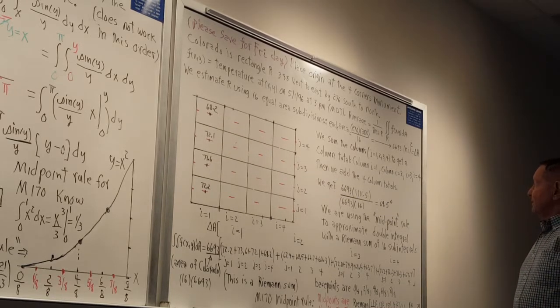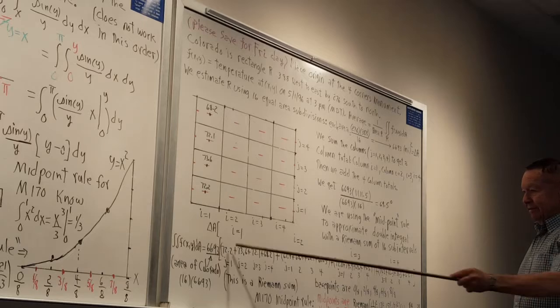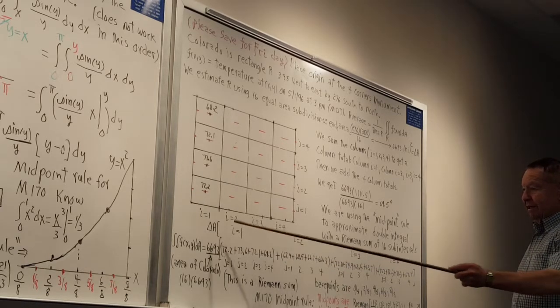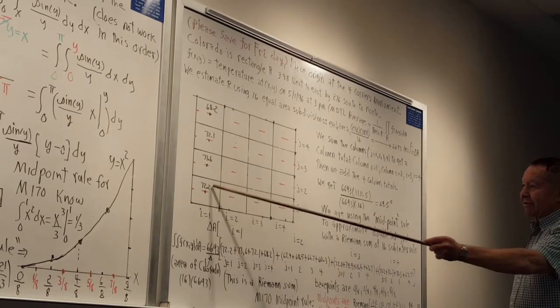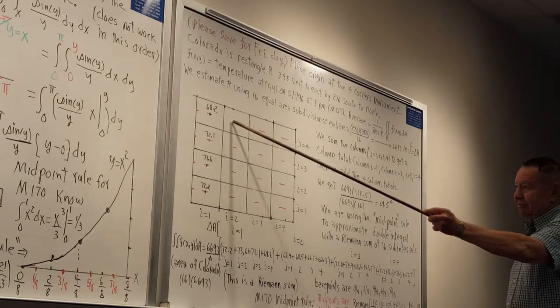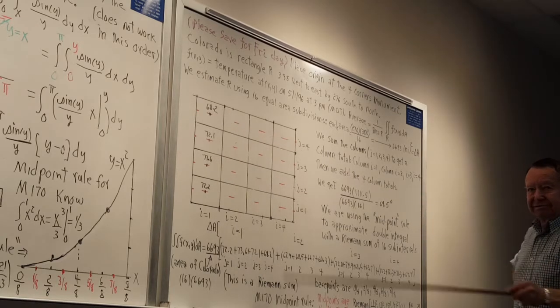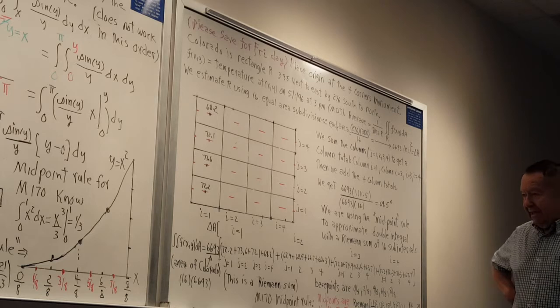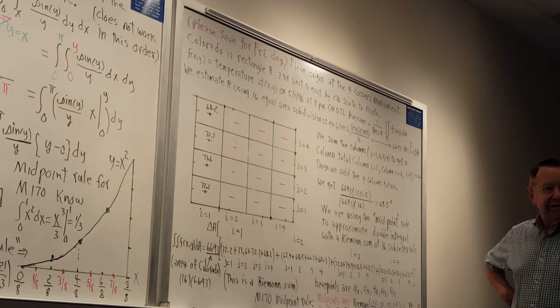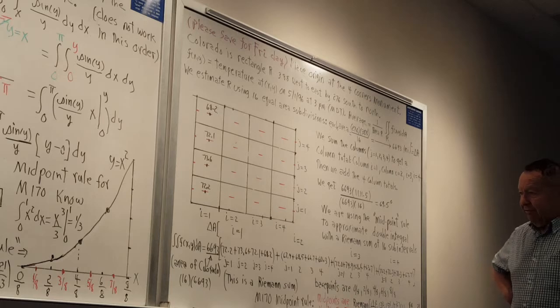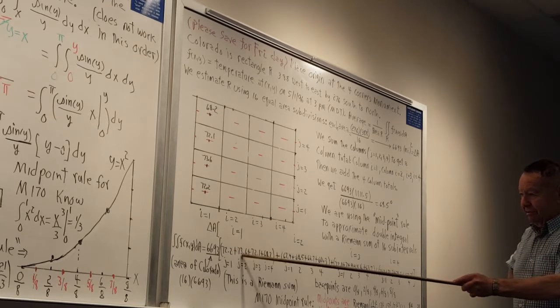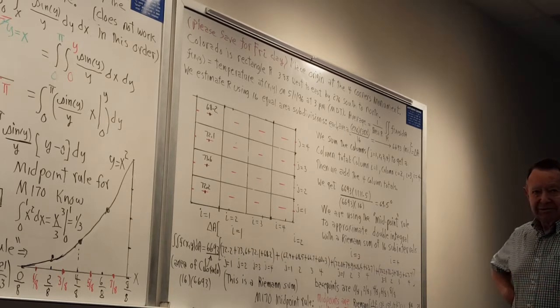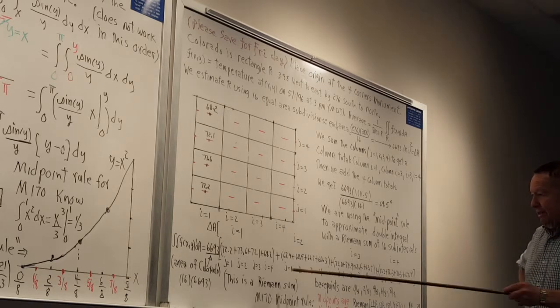I'm computing the 16 readings times the area of the subdivision. And then if I divide that by the total area, I get the average of whatever this number is supposed to be reading, which would be temperature, which is what we went through yesterday.